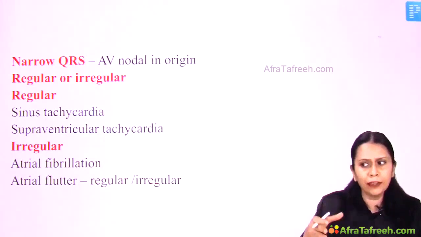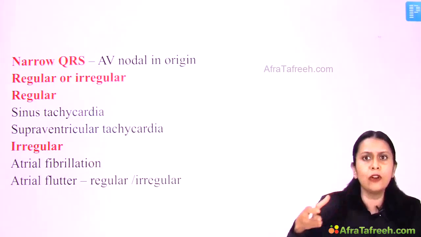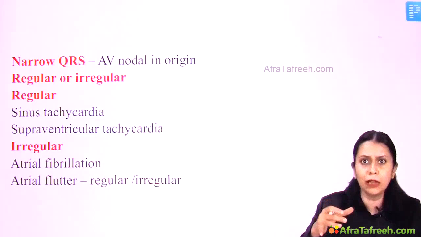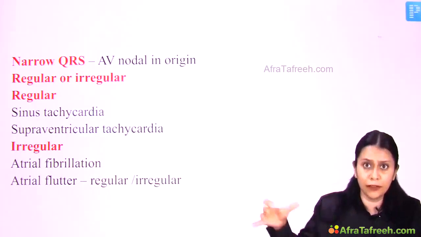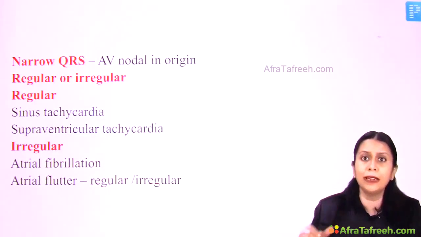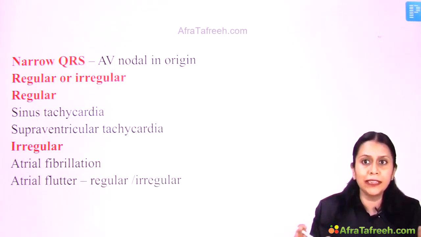And if the impulse is not following the Purkinje system, the bundle of His, if it is not following the normal conduction system of the heart, then the ventricle is taking time to contract.